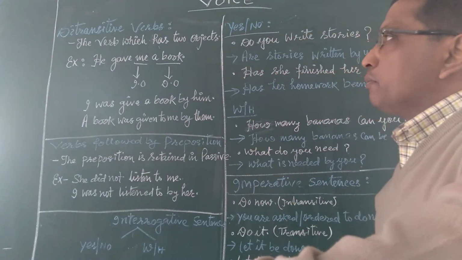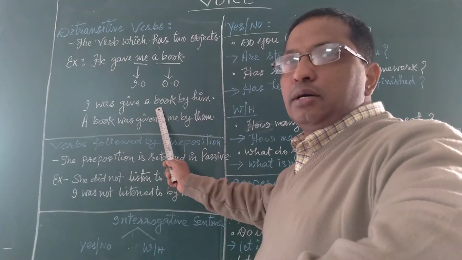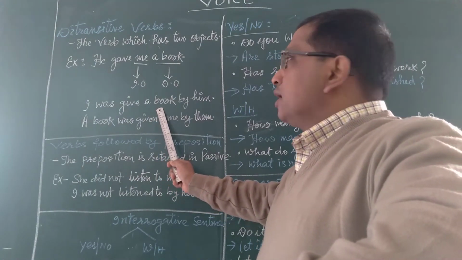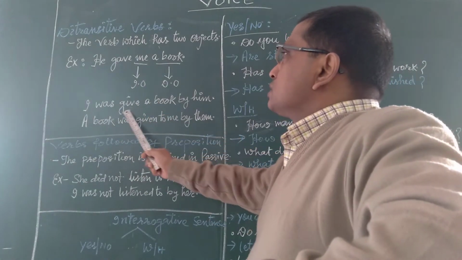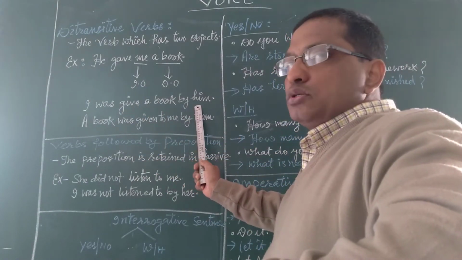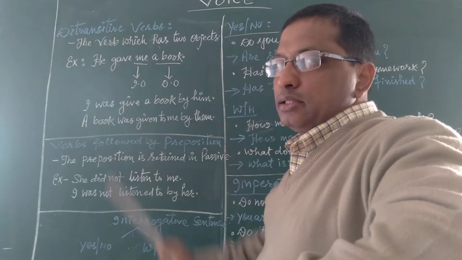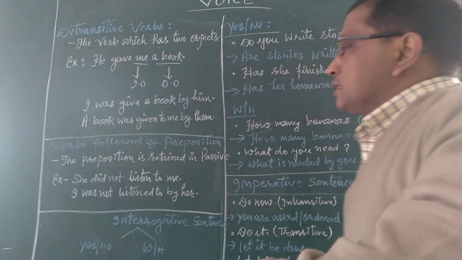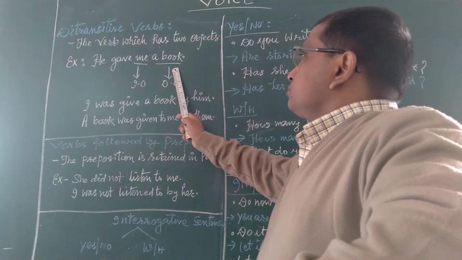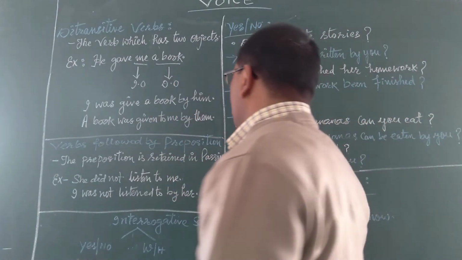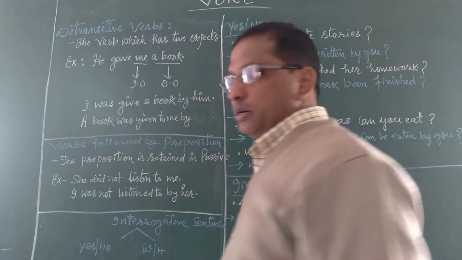Now we can make two passive voices with this example. First, with me: I was given a book by him. So in the first sentence we have changed me into I, and in the second sentence, a book was given to me by him, we have taken a book as the subject.